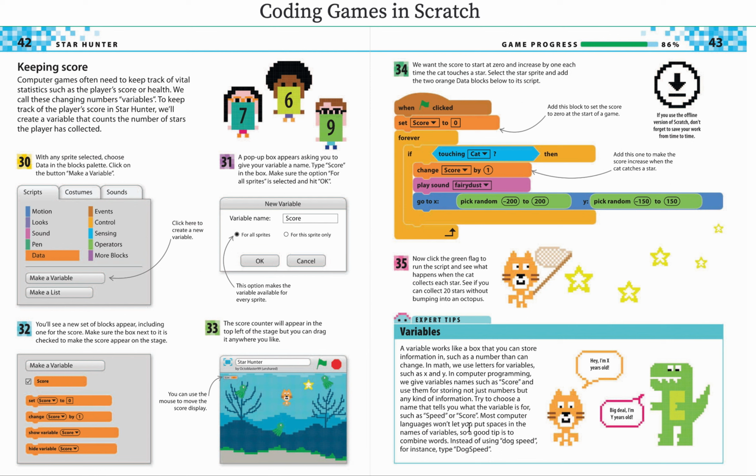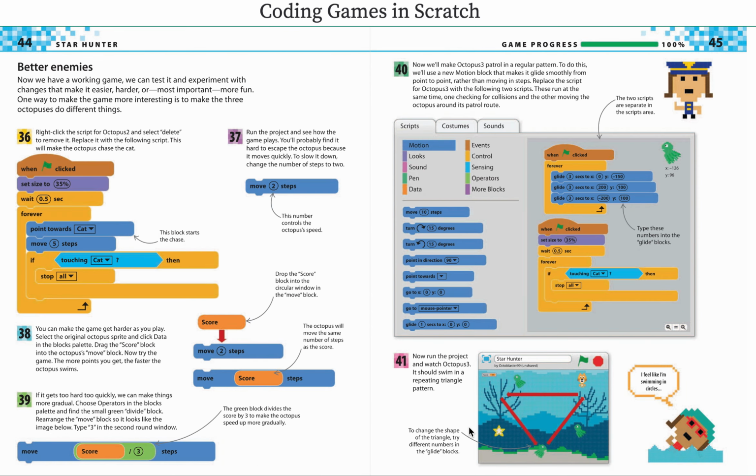And keeping score, you can keep score by, if you touch the cat, then change the score by 1, for example. That's all the data blocks. And then to make some better enemies, you could do this. You could add some more features to the game.